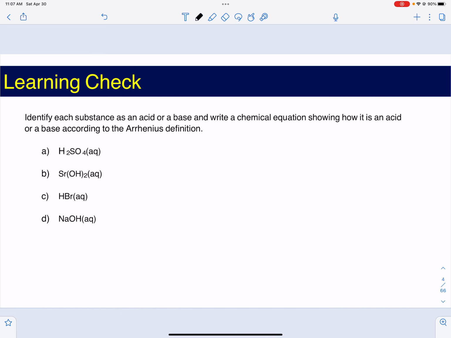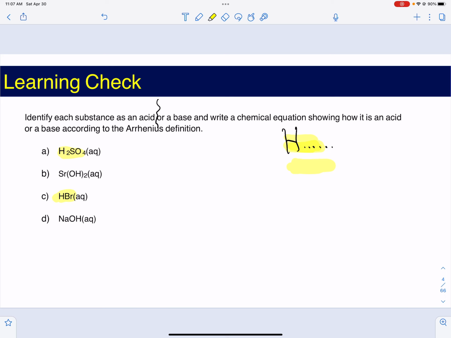Identify each substance as an acid or a base. So I told you already, an acid is going to have hydrogen. Most likely, the formula is going to begin with a hydrogen. So let's find the acids. That would be an acid based on this. That would be an acid based on that, right?